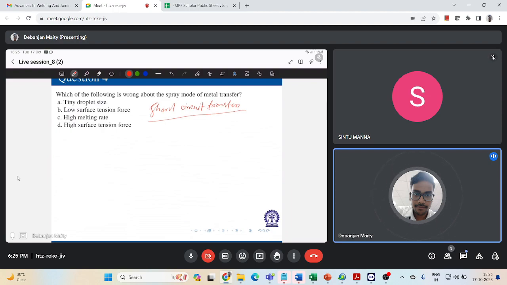So in short circuit transfer, the liquid drop at the tip of the electrode gets in contact with the weld pool before being detached from the electrode, and thus the arc is momentarily short circuited, right? Because you are contacting the tip of the electrode with the weld pool, it is getting short circuited momentarily.